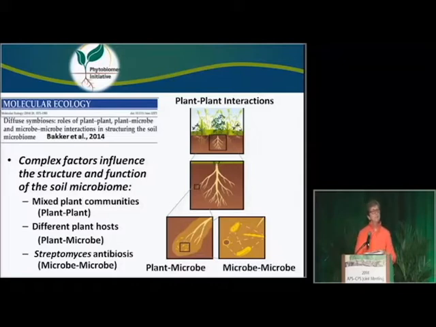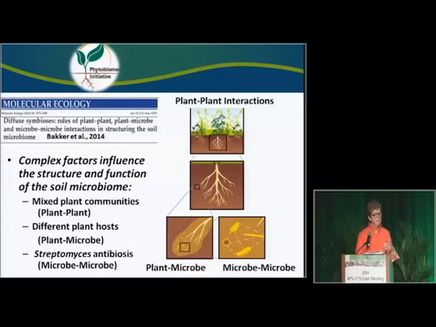Looking at a more complex level is a very nice study by Baker et al., where they looked at the complexity of not only plant communities, so mixed plant communities. They then looked at individual plants and their influence on the rhizosphere. So that would be plant-plant interactions versus plant-microbe interactions.